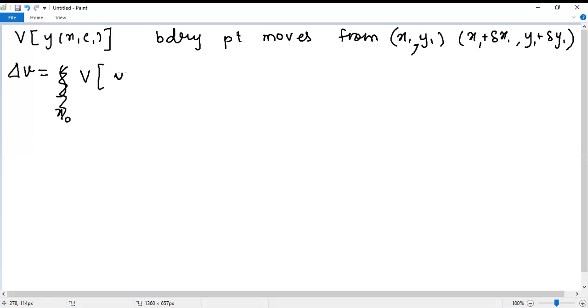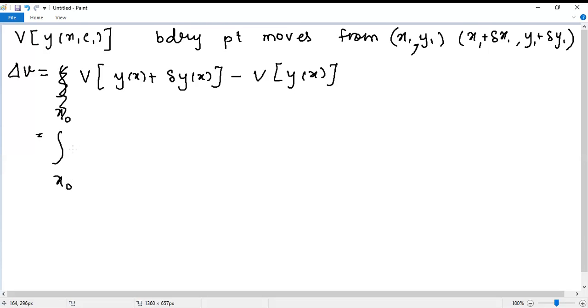well, let's first write it in this form. This will be the integral from x naught to x1 plus delta x1. On the left hand side the point is x naught, and on the other end the point is x1, y1.